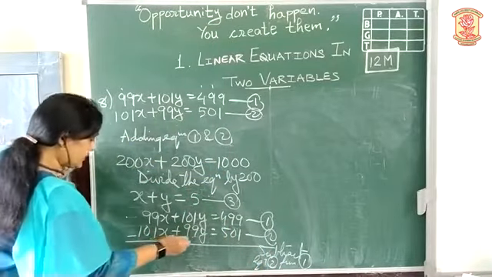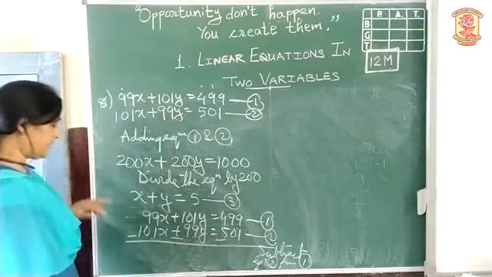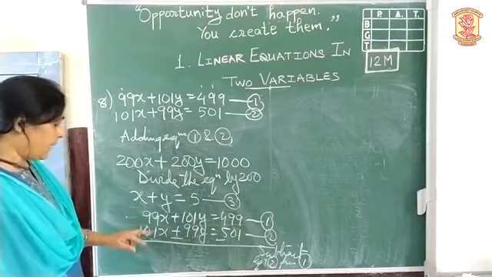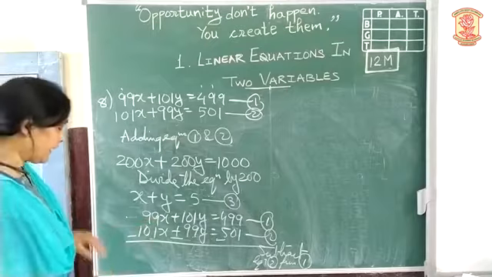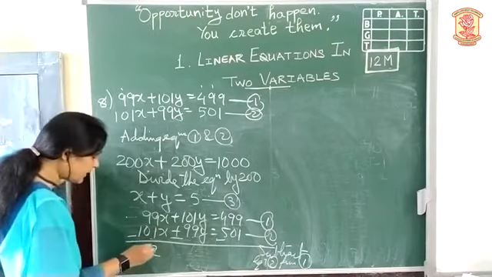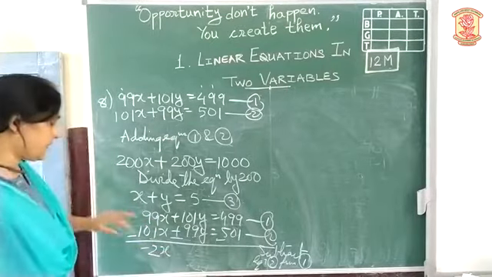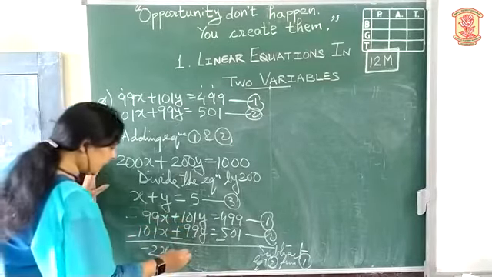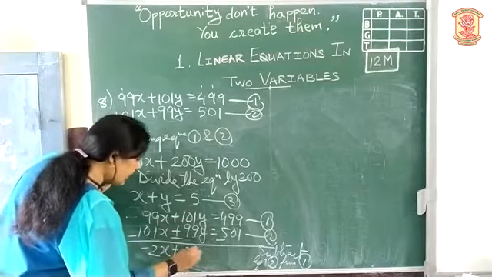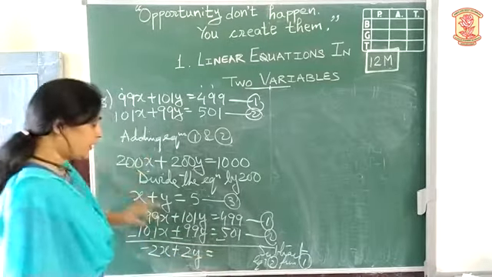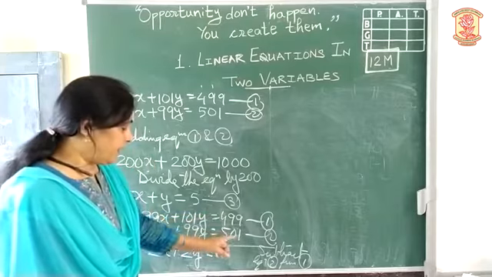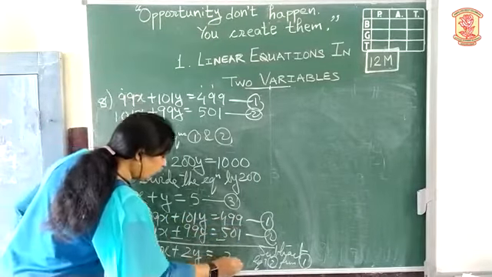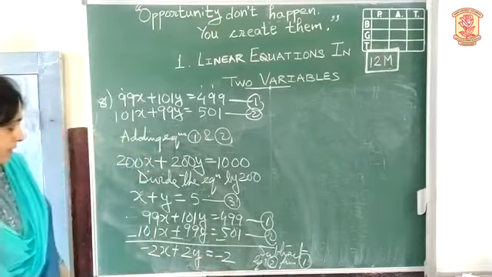So plus becomes minus. Now 99 minus 101 comes out to be 2, and the bigger number's sign is minus, so minus 2x. Again, 101 minus 99 is 2, and the bigger number's sign is plus, so plus 2y equals 499 minus 501, which is again 2, and the bigger number's sign is minus.